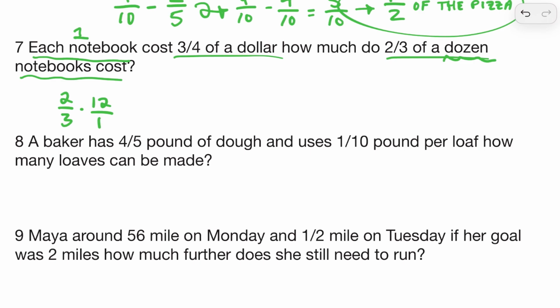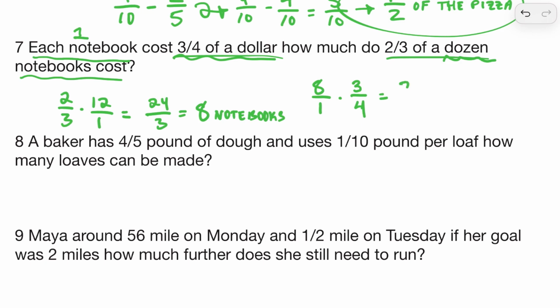That's just 12 over 1, that is 24 over 3, which is equal to 8 notebooks. But then each notebook costs $0.75. So this is going to be 8 over 1 times 3 over 4, which gives us 24 over 4, which is equal to $6.